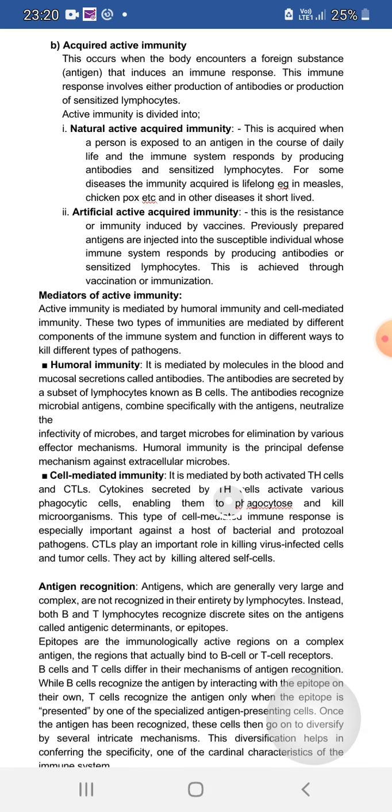So when T helper cells produce cytokines, they can activate phagocytes, and they can activate B cells to form plasma cells and produce antibodies. But cytotoxic T cells, we said they kill other cells by cytotoxic effect. Remember that. We talked about the cytotoxic effect. So this one kills cells by releasing proteins, cytokines, or enzymes that kill other cells. That's why we call them cytotoxic T cells.